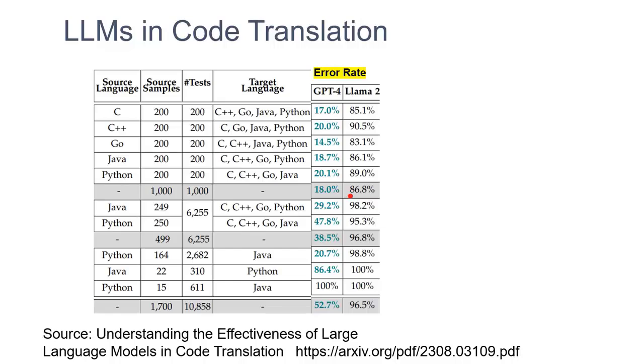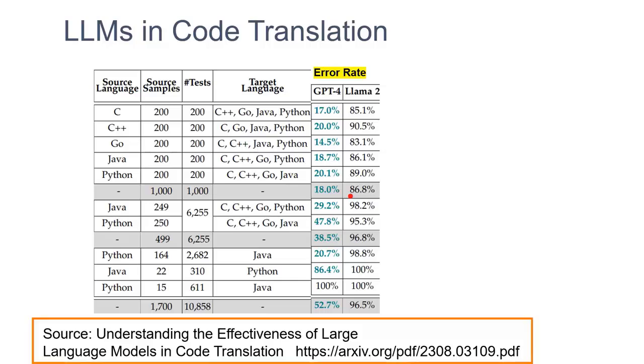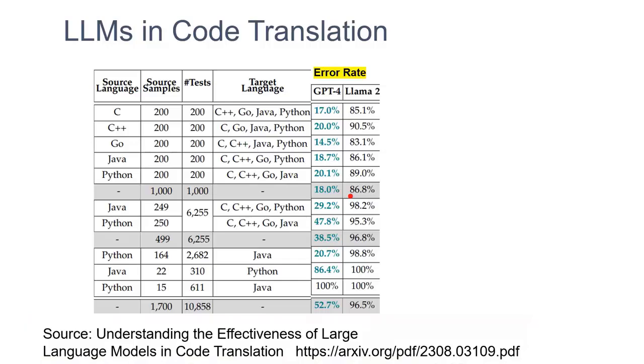Another important aspect of AI-based code assistance comes in the form of code translation, the ability to go from one software language to another. Once again, look at the bottom of the slide for the source of the paper. The authors conducted an experiment where they converted a set of languages, the source language column shown in the table, into a series of target languages.